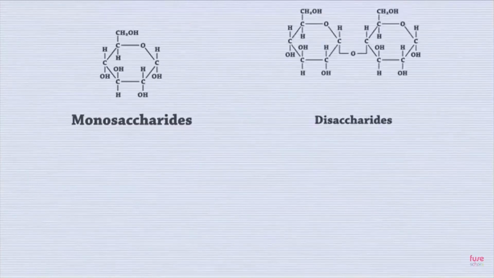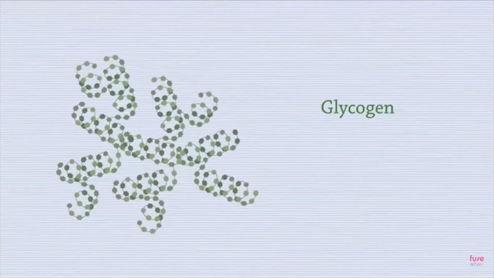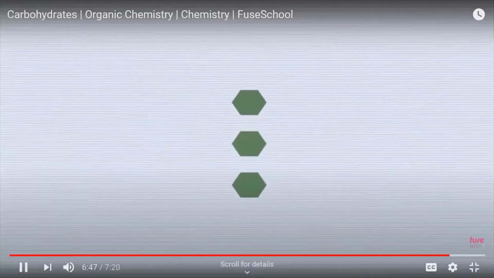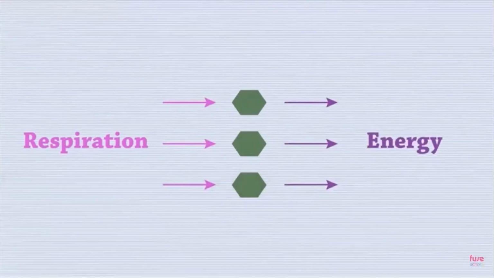They can exist as monosaccharides, disaccharides, or polysaccharides. Humans store fuel in the long term in the form of glycogen, which is a polysaccharide made of glucose subunits. This can be broken back into simple sugars, which can be respired when required to give us energy.